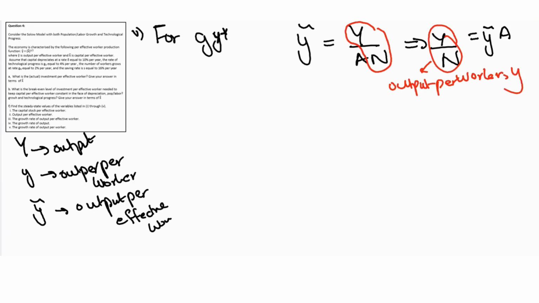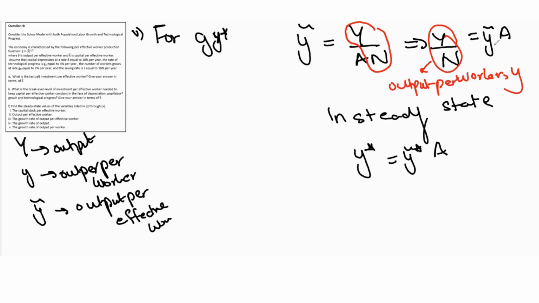Now in steady state, small y star would be just y tilde star times A. Obviously, I'll just plug in the steady state value of output per effective worker to get the steady state value of output per worker.